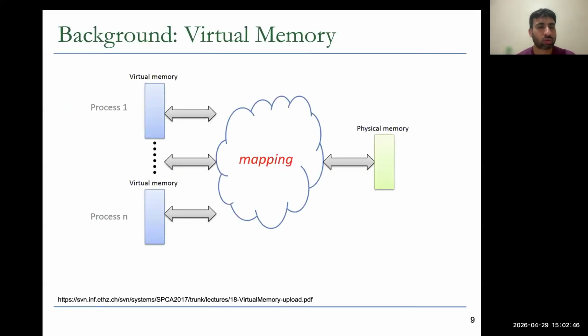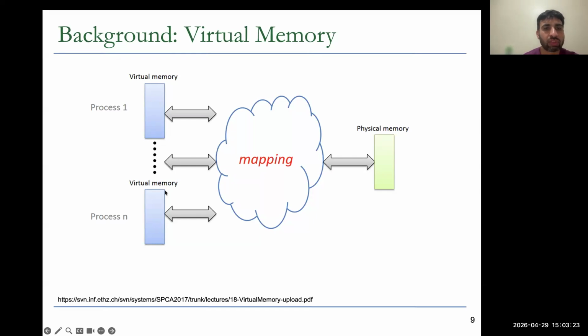How does this attack work? For that, let's have a quick background. What we know is that in computer systems, we have this idea of virtual memory, and the advantage of virtual memory is that it provides process isolation. Process isolation means that one process cannot read the memory content mapped in the address space of another process, right? For example, in this figure, we have multiple processes, process 1 to n.